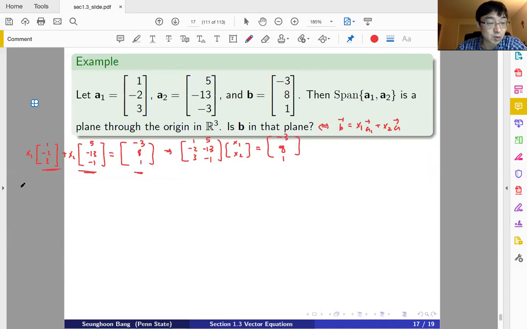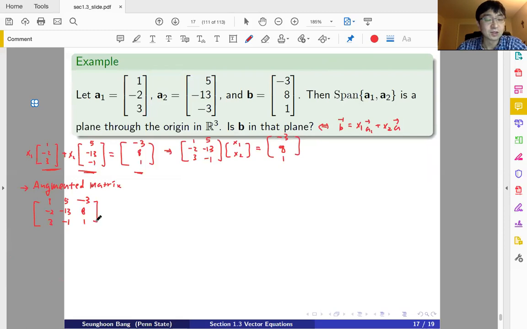You can change this to the augmented matrix. The same thing, in augmented matrix form. So we have 1, negative 2, 3, then 5, negative 13, negative 3, and the constant part is negative 3, 8, and 1.